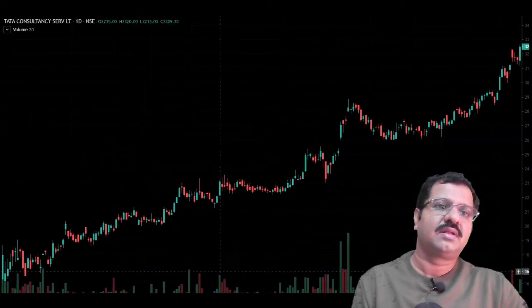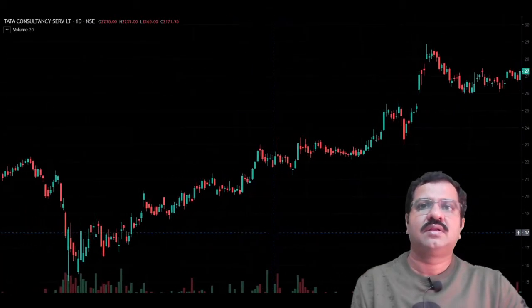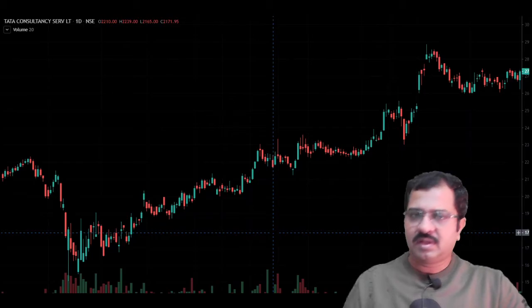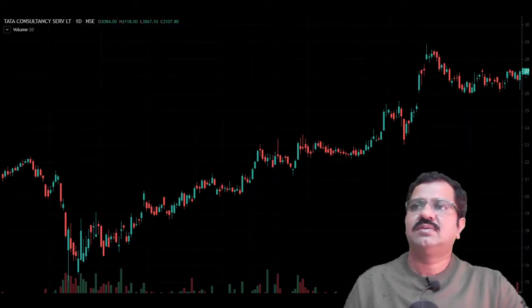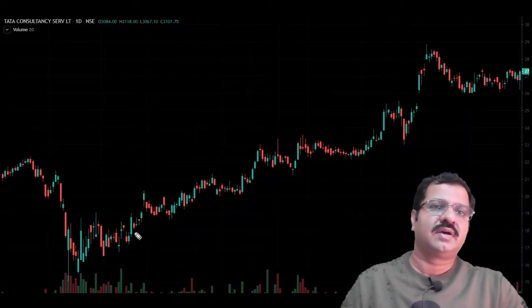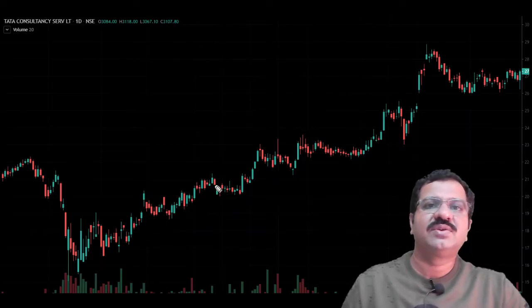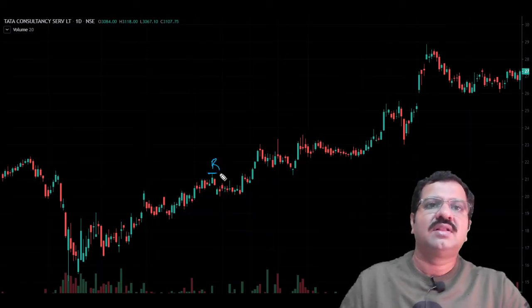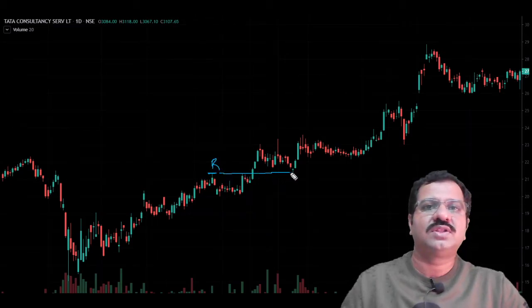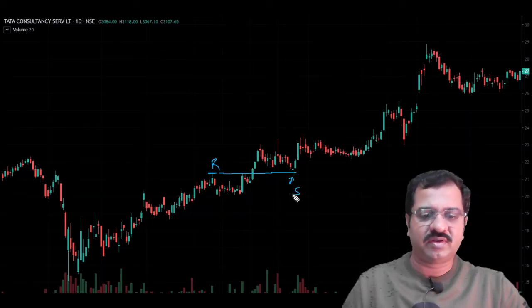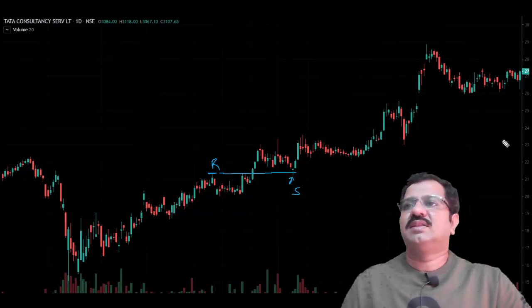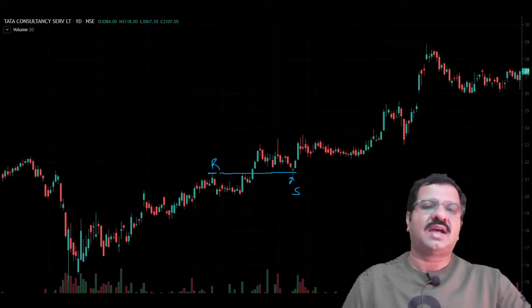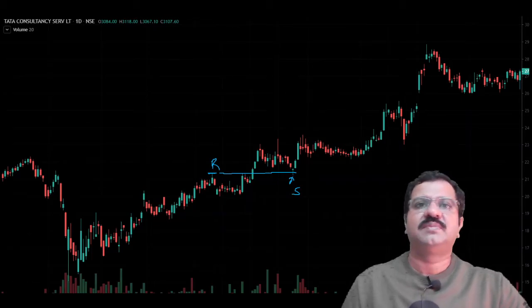Okay, let me quickly give you an example of what I taught you earlier. This was resistance level, but when price has broken this level, now see, this is new support level, right? This is lower time frame, and I gave you this example.